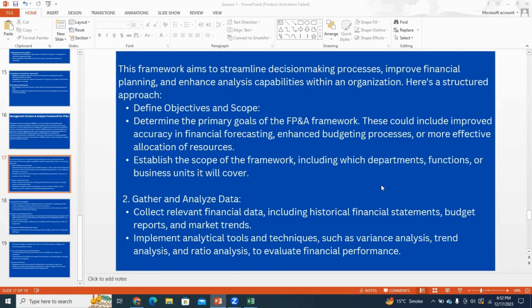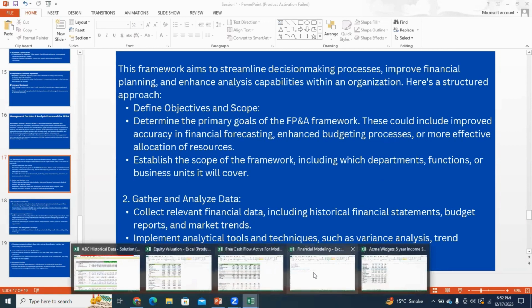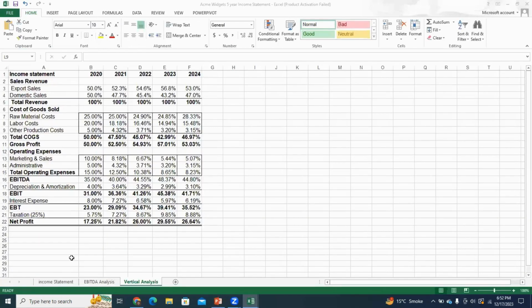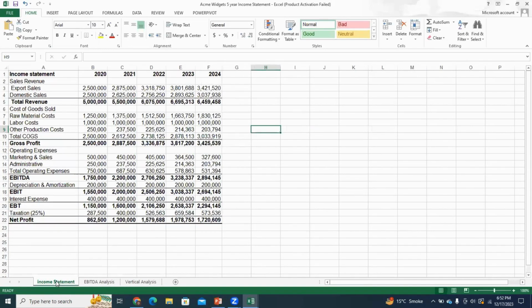Let me show you a report here. Here I have an income statement of 5 years, from 2020 to 2024, and you can see a projected income statement. I have export sales, domestic sales, a cost of goods breakdown, gross profit, and operating expenses breakdown down to EBITDA, EBIT, EBT, and net profit.